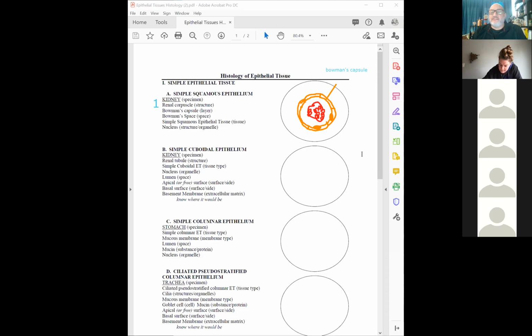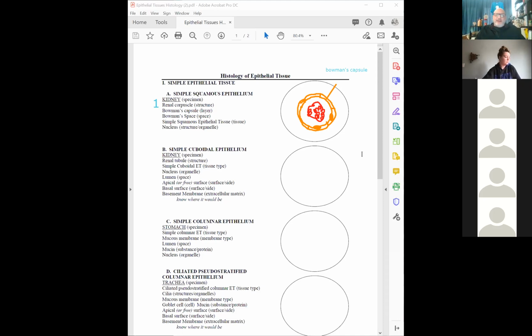And you will be turning this in for a grade. Doesn't need to be color. Again, you can do these pencils or pen or whatever. Not grading you on your drawing skills or how accurately it looks like what it was on the slide. But what I want this to be is a good study tool for you to help you to understand these tissues.